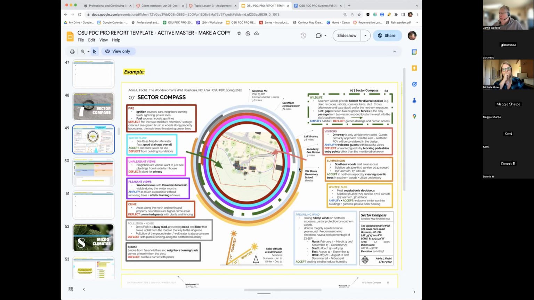Now that's a good idea, and that can play into certain designs more than others. So it's just, again, more information.